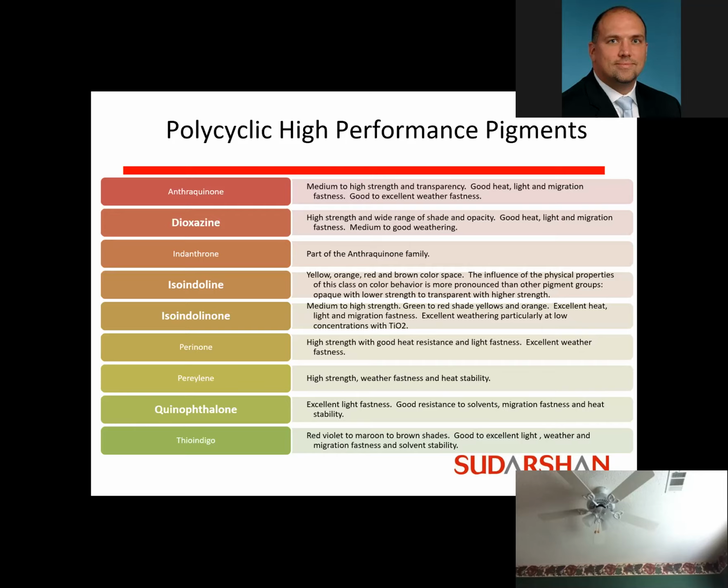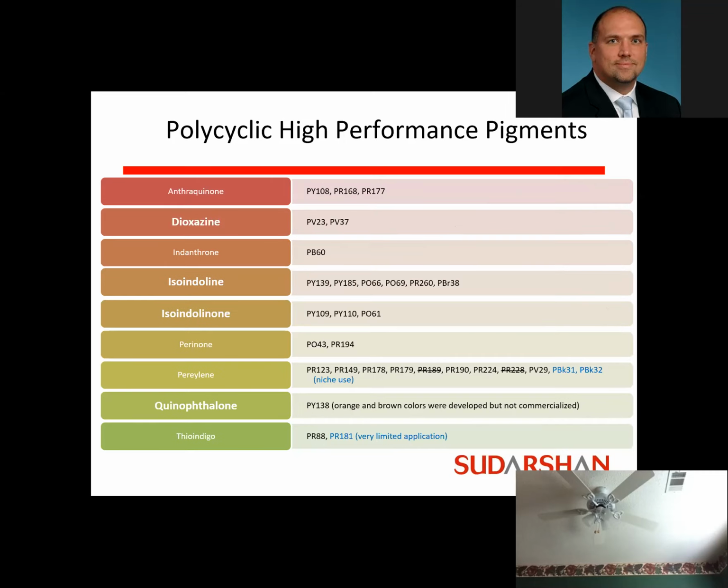The quinophthalones offer excellent light fastness, good resistance to solvents and migration fastness, as well as heat stability. And lastly, the thioindigo class occupy the red, violet to maroon and brown shades. They tend to offer good to excellent light, weather and migration fastness, as well as solvent stability.